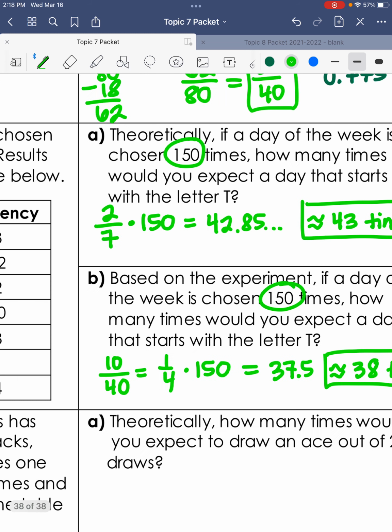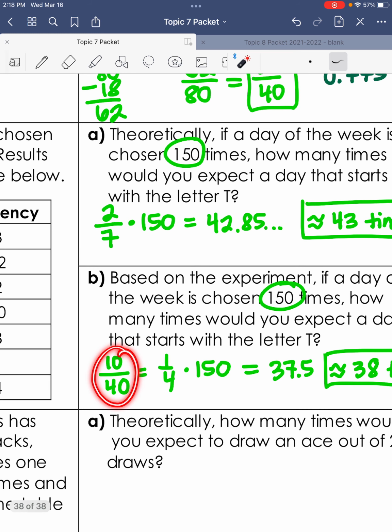Now, one thing I want to point out when you're using these results to predict, you don't always have to reduce your fractions. So I could have typed into my calculator 10 divided by 40 times 150, and I would have gotten the exact same answer.